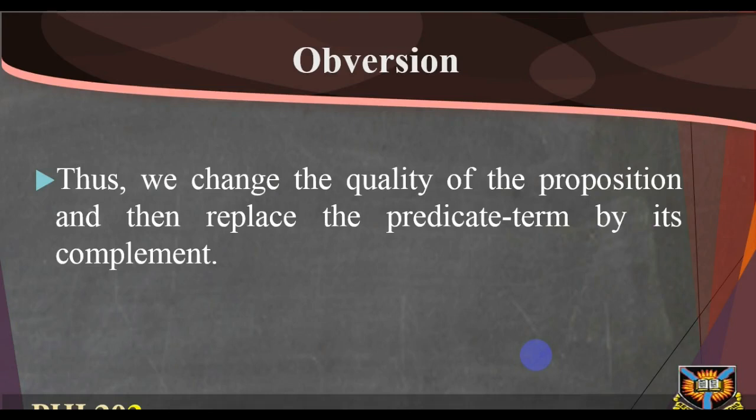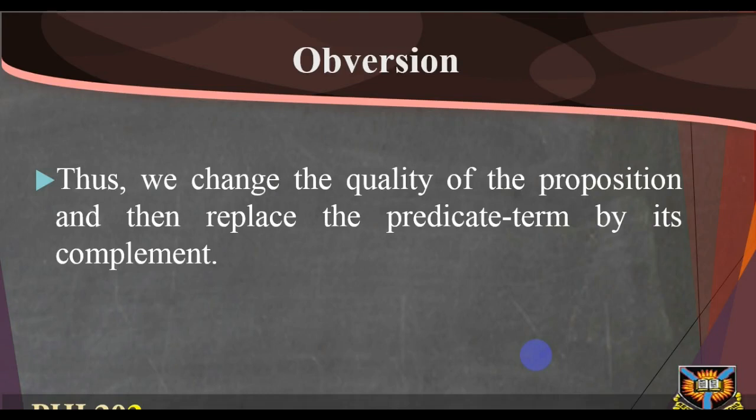A proposition. Premise. All men are politicians. Contrapositive. All non-politicians are non-men. E proposition. Premise. No men are politicians. Contrapositive. No non-politicians are non-men.